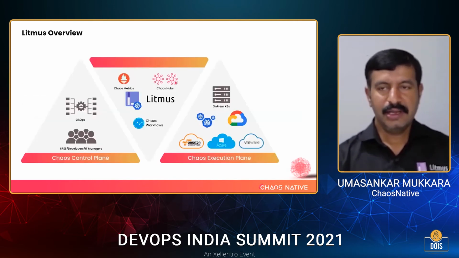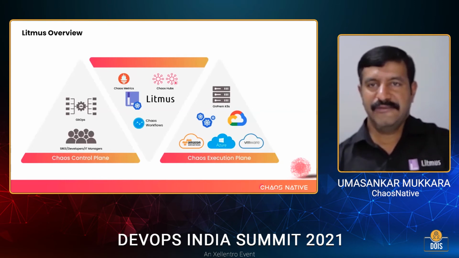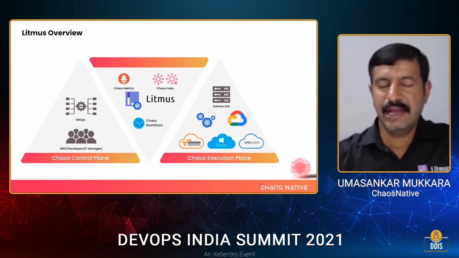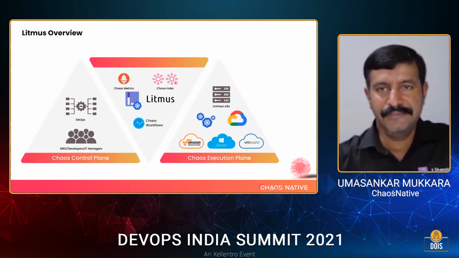So overall, Litmus project itself, if I need to describe, is an end-to-end chaos engineering platform that you can use to design, orchestrate, and analyze chaos engineering for either cloud native systems or even for legacy systems as well.